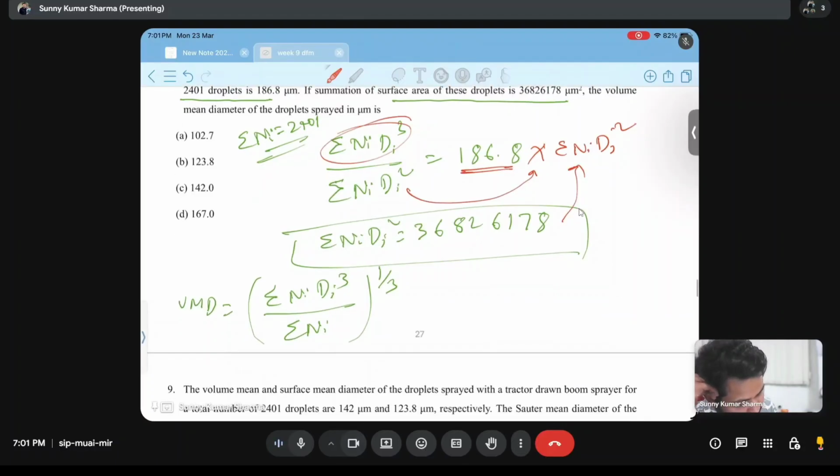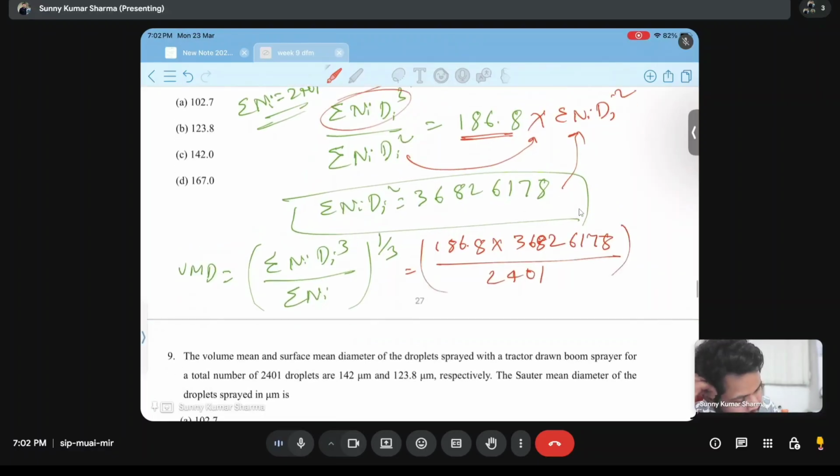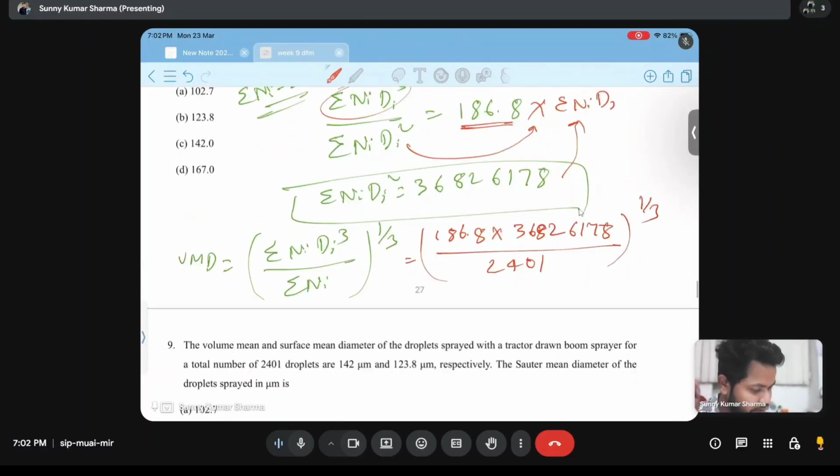So it is 186.8 into 36826178 by sigma Ni, meaning 2401, to the power 1 by 3. Calculate this.